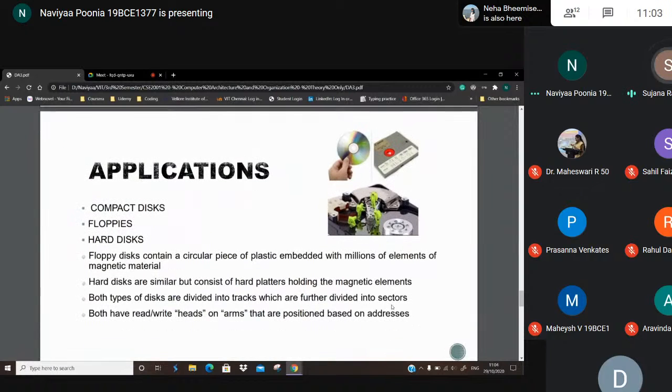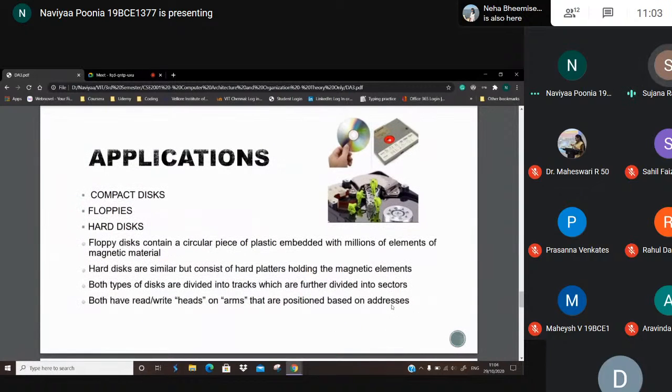Next slide. Now comes the applications. There are mainly three basic applications of magnetic disks, which are compact disks, floppy disks, and hard disks. Floppy disk and hard disk are basically divided into tracks, which are further divided into sectors, as I explained.